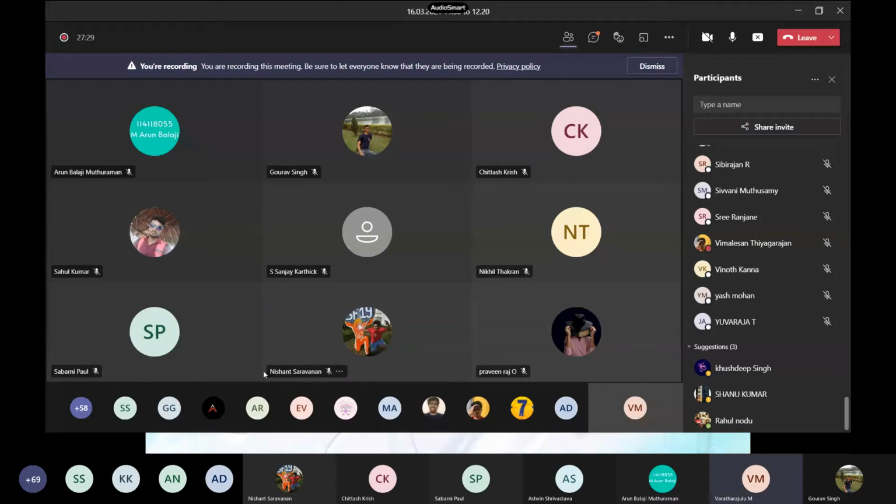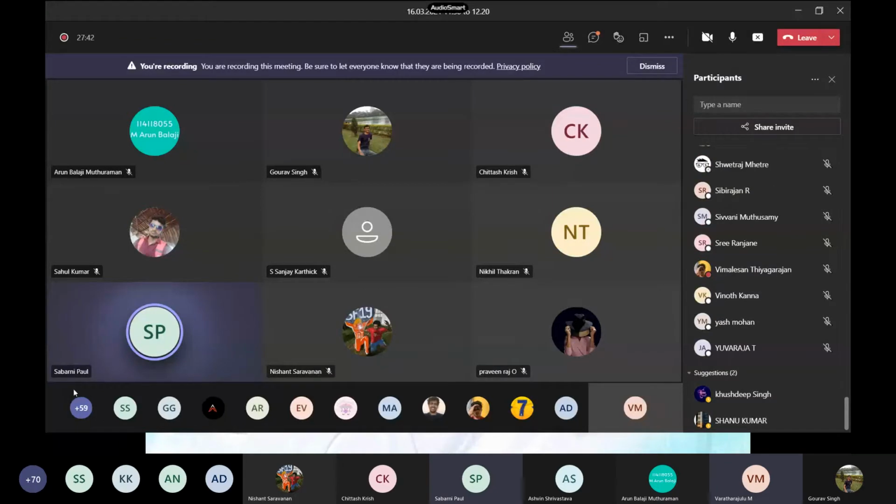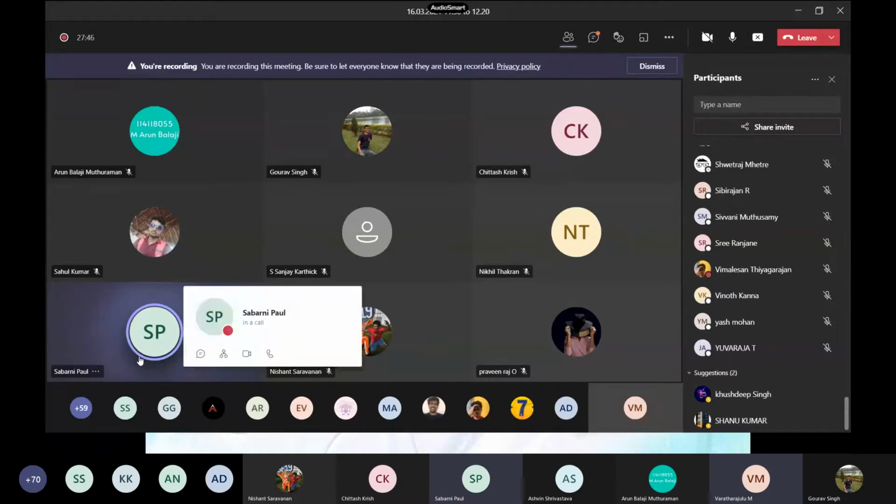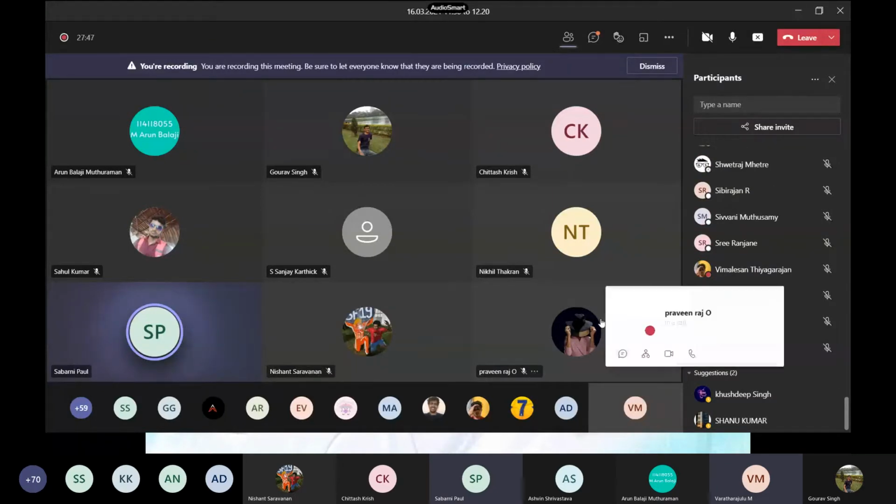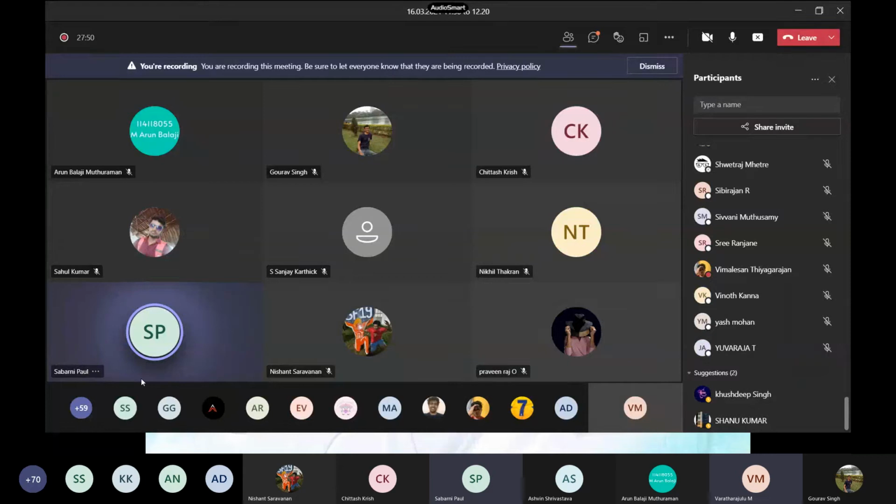Anyone from Mamta's state? Yes, sir, West Bengal. Shravan, West Bengal. Sabarni, yes, sir. Sabarni is already an active participant. Sabarni, what was happening in your state? What is the maximum number of legislative assembly seats in your state? I think 280 something. Is it right? Yes, sir, 289 or something.